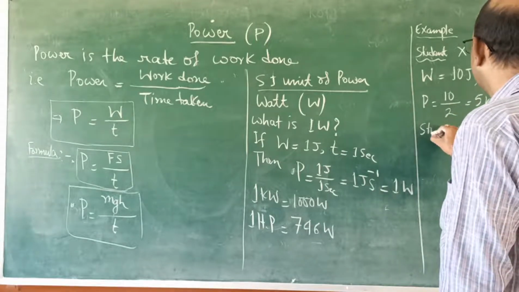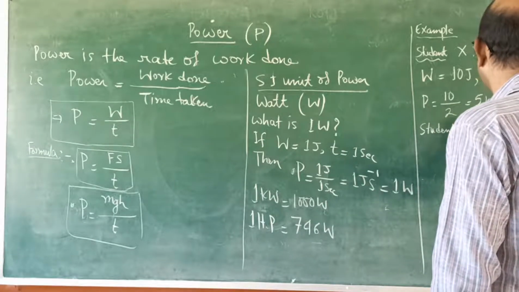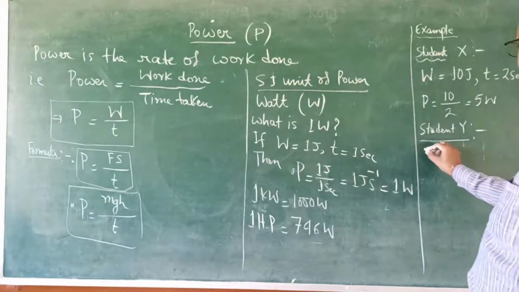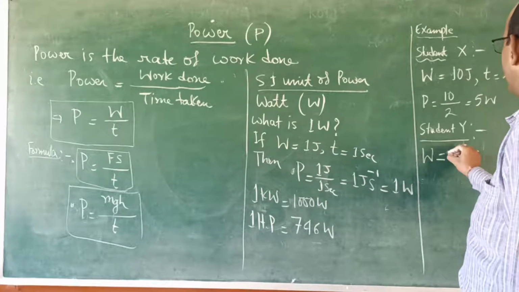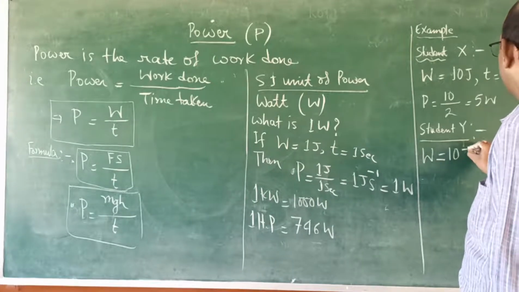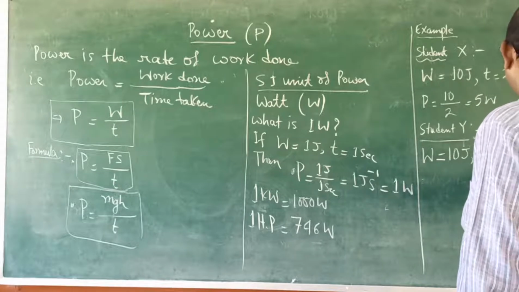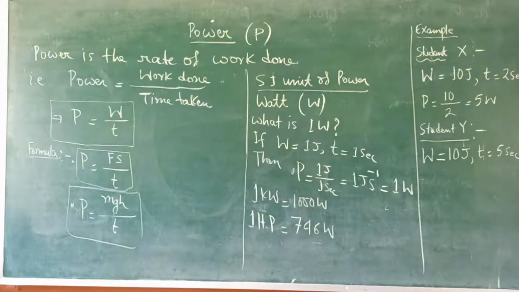And there is another student, Y. He also does the same job of 10 joule, but he takes a time of 5 seconds. Student X performs a work of 10 joule in 2 seconds, student Y performs 10 joule in 5 seconds.